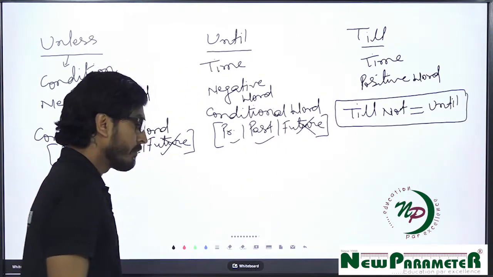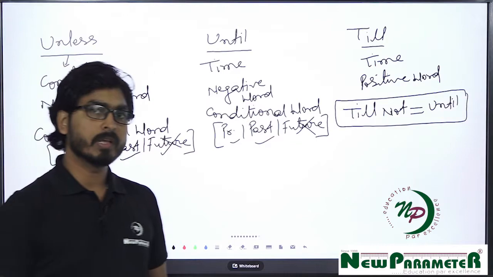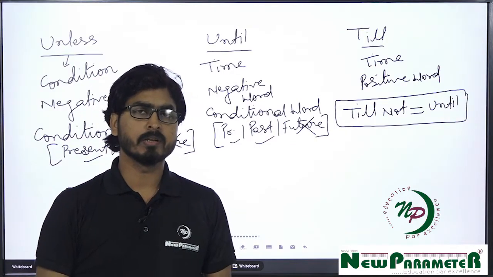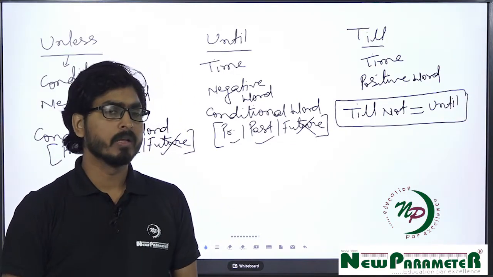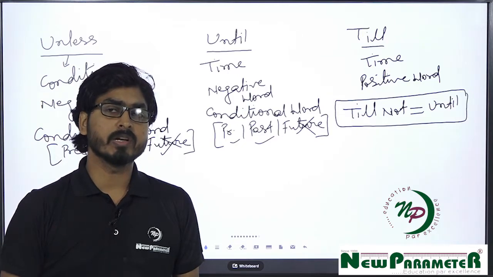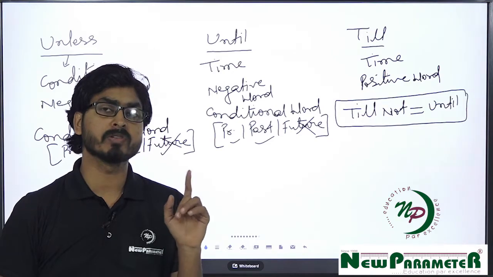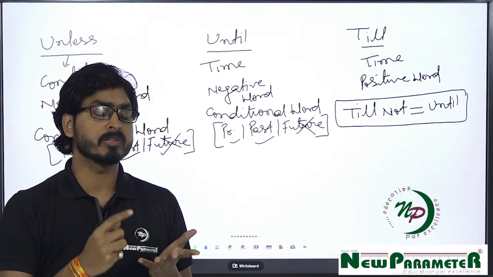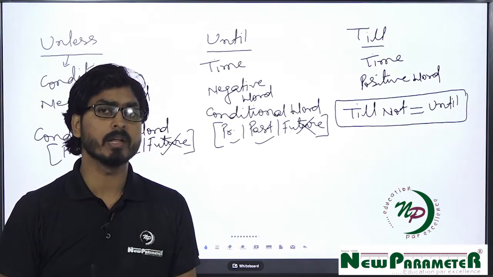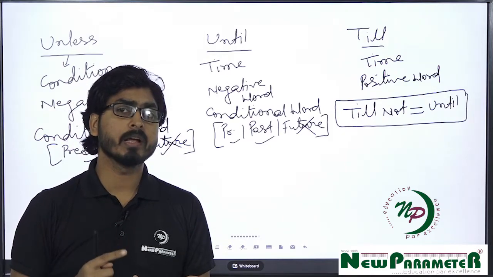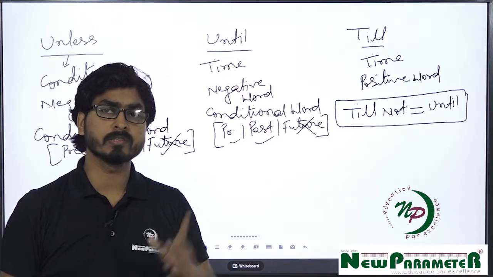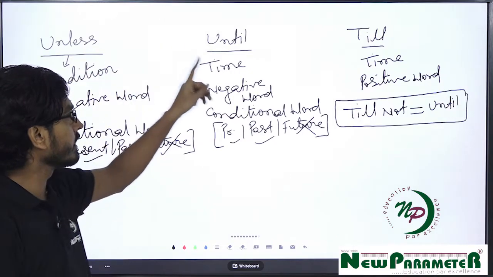So we have to see, whenever we connect two clauses with the help of "until", "unless" and "till", there must be two clauses. Okay. So the clause in which "until" and "unless" have been used, only that clause must not be in future tense, must not have any other negative word. Okay. And that clause must give you the sense of condition for "unless" and time for "until".